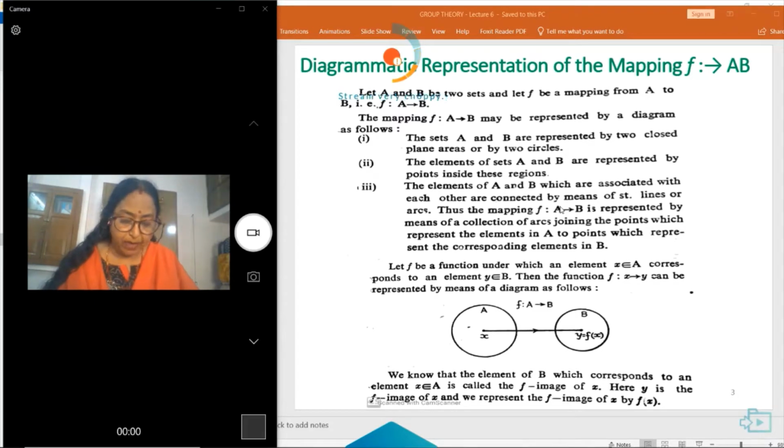Thus, the mapping f from A to B is represented by a collection of arcs joining the points which represent the elements of A to the points of B. Let f be a function under which an element x belonging to A corresponds to an element y belonging to B. Then the function f: x to y can be represented by a diagram as shown in your slide.